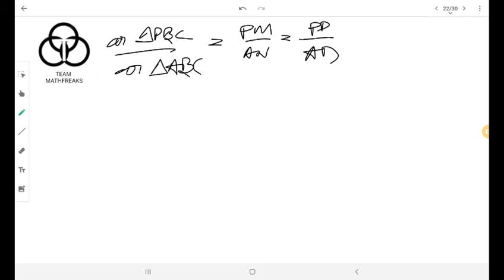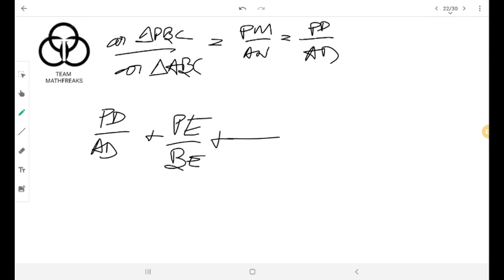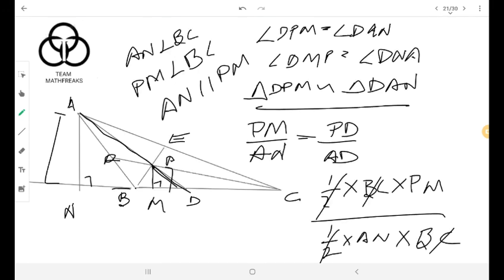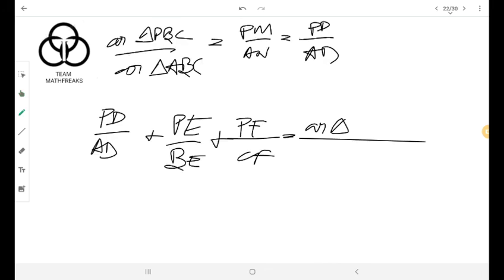Now the next part of the question, is it now a little bit difficult for you guys? PD by AD plus PE by BE plus PF by CF equals to area of triangle... Now just see the magic. PBC is filled by PD by AD.